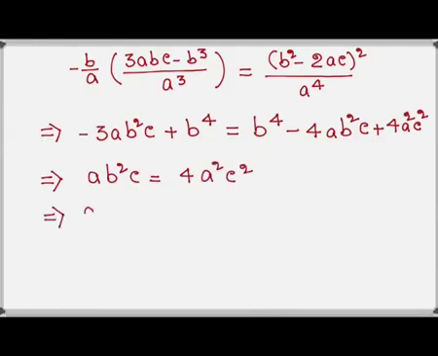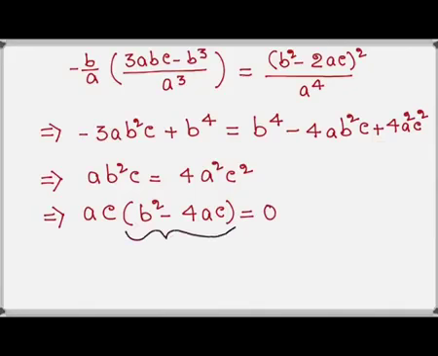So we have ac into b square minus 4ac is equal to 0. As we called b square minus 4ac as delta, we get ac delta is equal to 0.